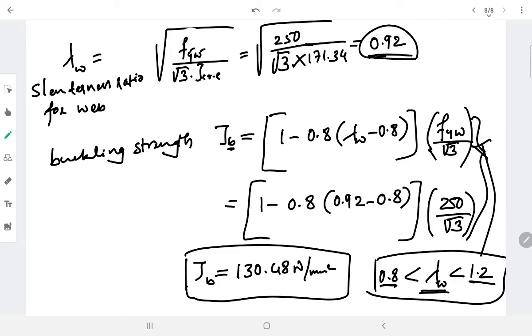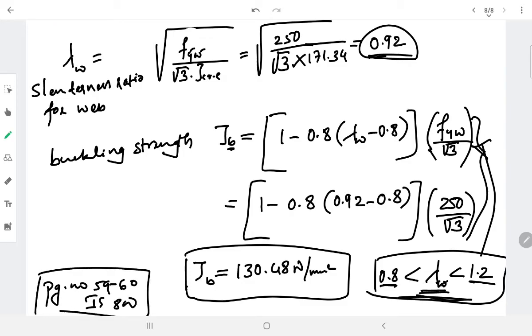Again, I am repeating, these formulae are referred from page numbers 59 and 60 of IS 800. You will get all these formulas with their conditions. You have to check for lambda W, C by D, and all the conditions there.